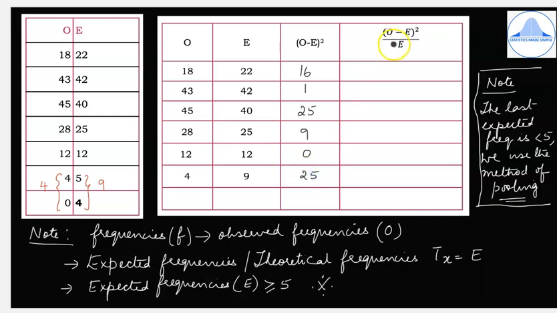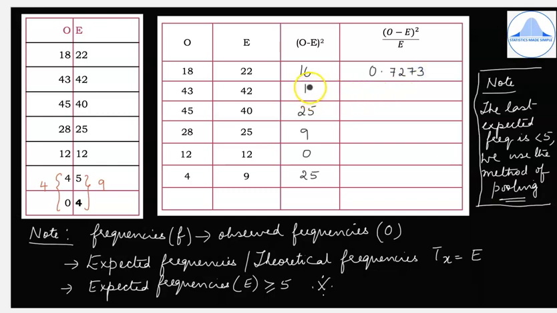Now the last column which we have to find out is (O minus E) whole square by E. So how do we find out (O minus E) whole square by E? It will be 16 divided by 22. Now take 4 places after the decimal after rounding off. So you'll get 0.7273.